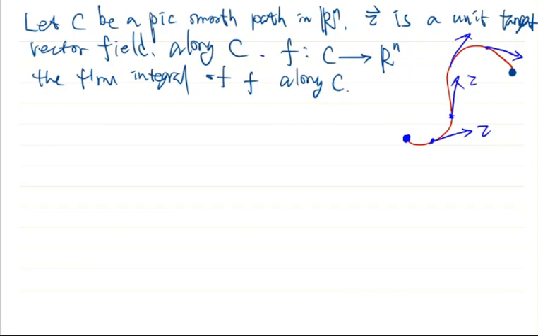So we say that the flow integral of this vector valued function along C, whose orientation is determined by tau.